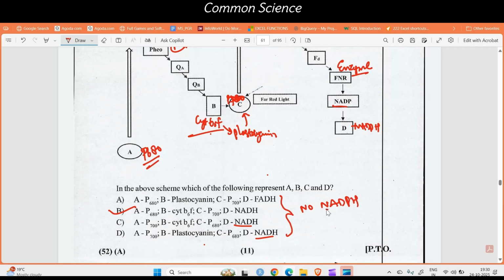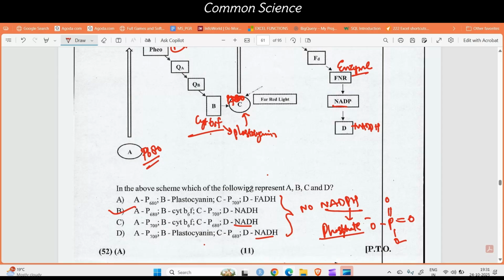This NADPH has a phosphate, which is pretty important because this phosphate means it has four oxygen atoms. So this question could be challenged because it does not contain NADPH, it contains NADH.